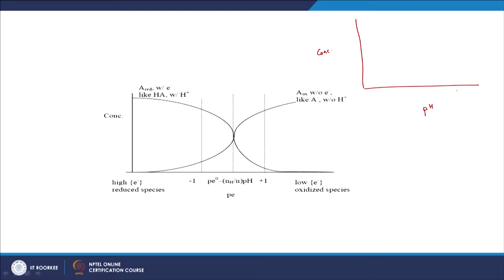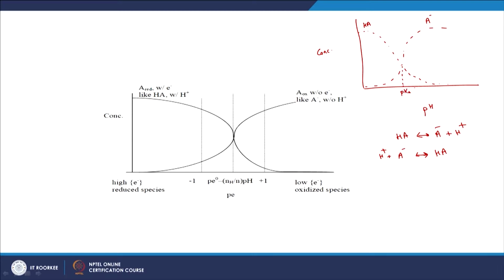We have our protonated form HA and our deprotonated form A minus, for the reaction where HA goes to A minus plus H plus. In the other direction, H plus and A minus go to HA, and the point where both concentrations are equal is pKa.